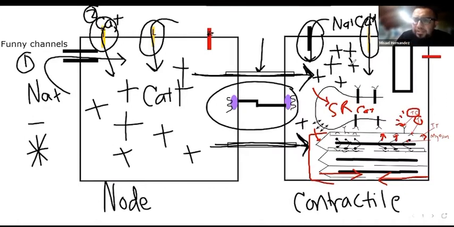Now, once that happens, you have a high abundance of positive calcium inside the cell. During this phase, the calcium channels are bringing the calcium inside the cell. Well, you have other channels right here in red. These are your potassium channels, and they allow the potassium to leave the cell.